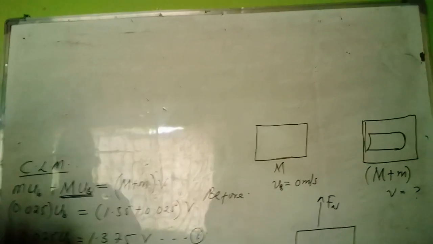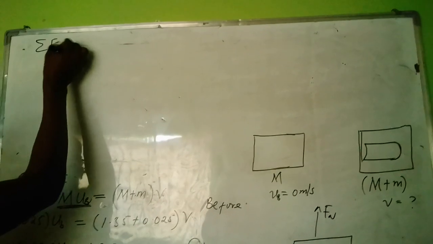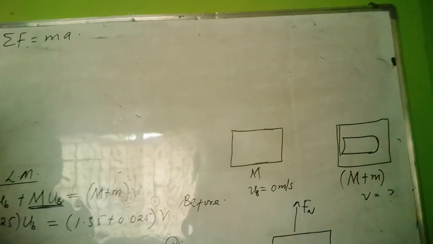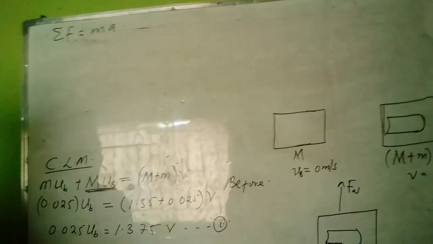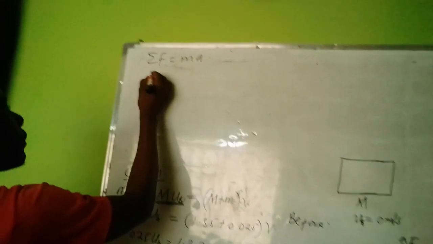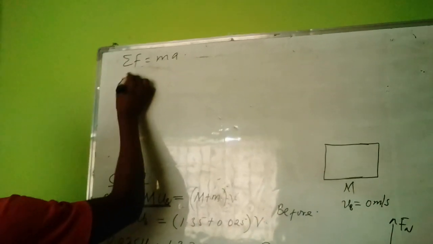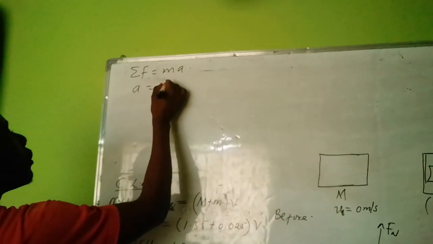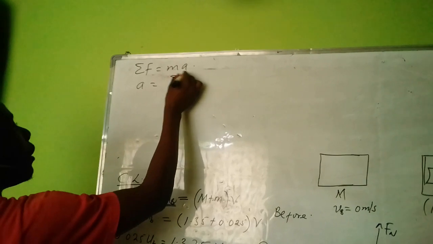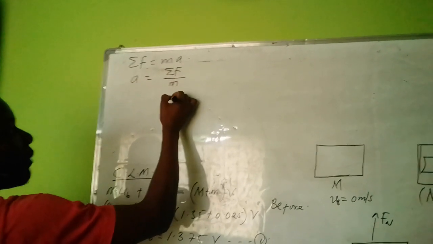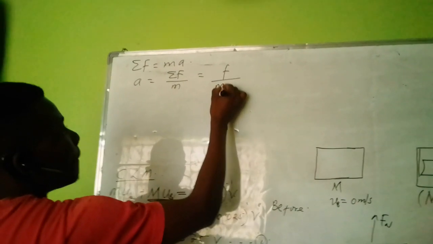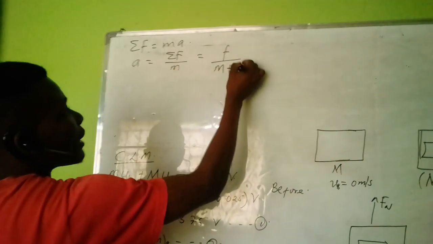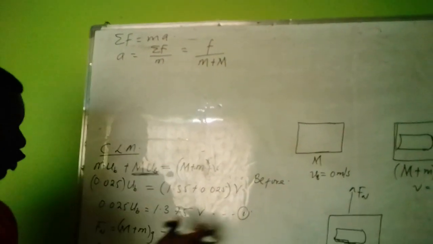Now, according to Newton we have that. The force that is causing motion is the friction force there. So we are going to have acceleration equal to force over m, of which here we have friction force over m plus capital M, the total mass.